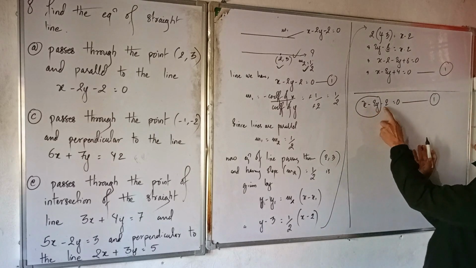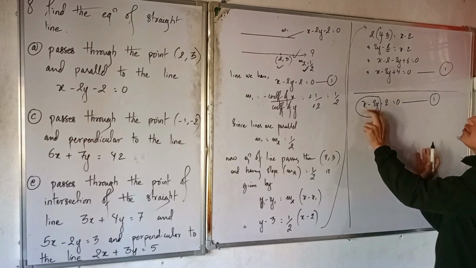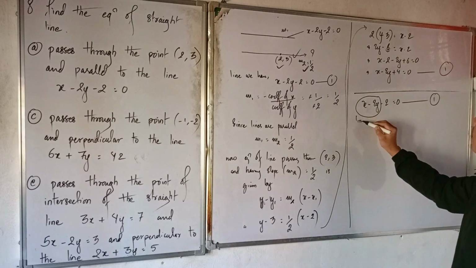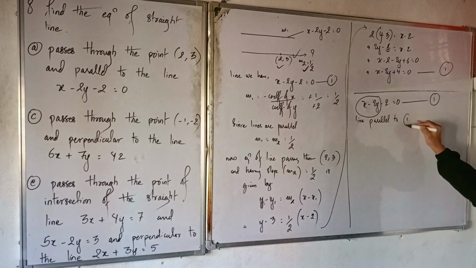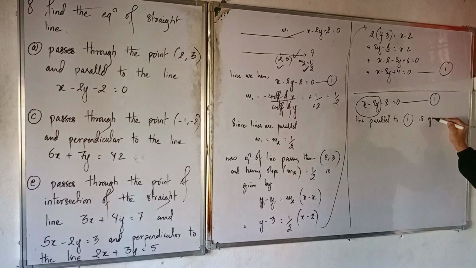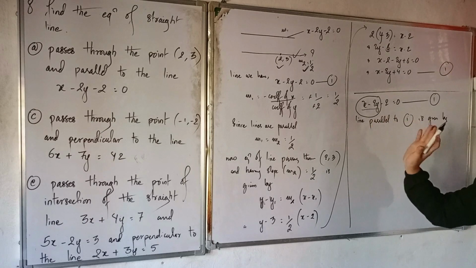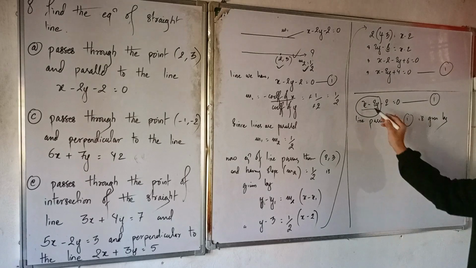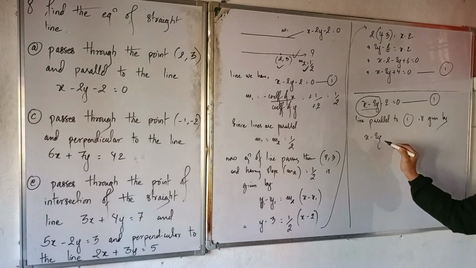So x minus 2y minus 2 equals 0 is one line, and the line parallel to it must have the same x and y portion.